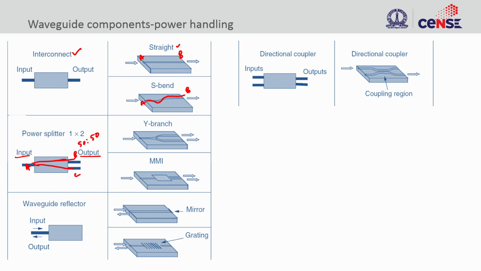So how do we do that? In conventional optics, what we will do is use a beam splitter. You use a simple beam splitter.